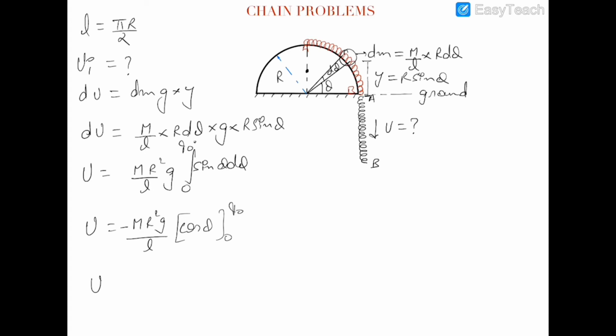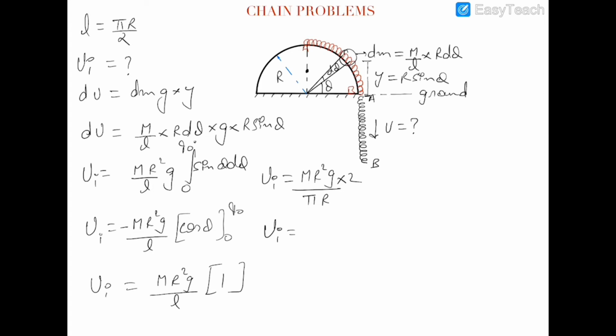So U initial will be equal to m r square g upon L into cos 0, which is 1, minus cos 90, which is 0. So the initial potential energy of the chain will be m r square g by L. L is pi r by 2. So U initial is m g into 2 r by pi.